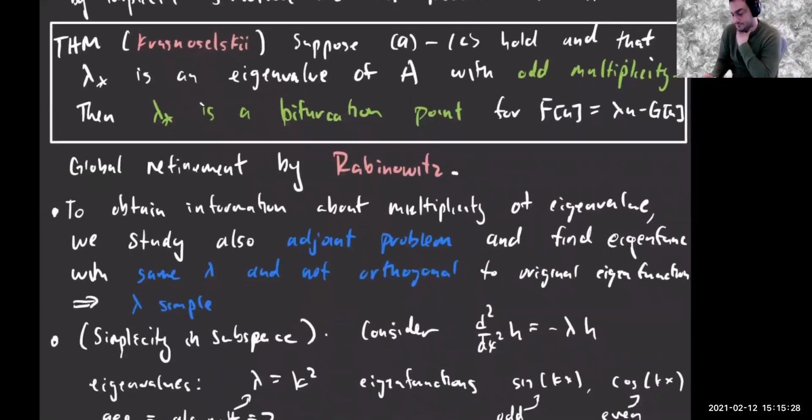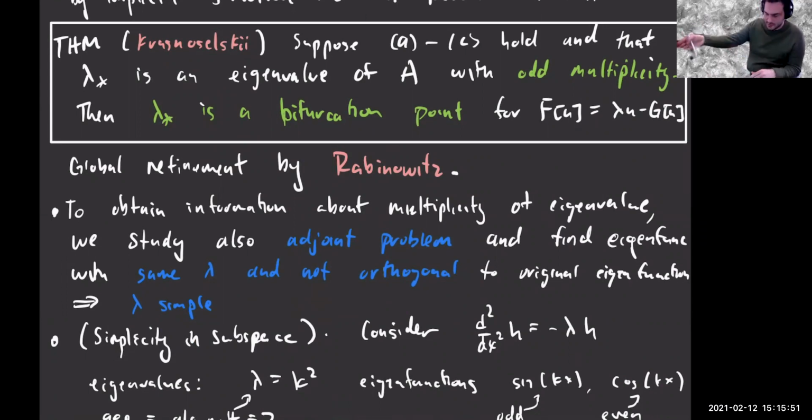Okay, so in order to obtain information on the multiplicity of the eigenvalue, you also have to study the adjoint linear problem, and you have to find an eigenfunction for the same eigenvalue for the adjoint problem that's not orthogonal to the original eigenfunction. So if you can do that, then the eigenvalue is actually simple.